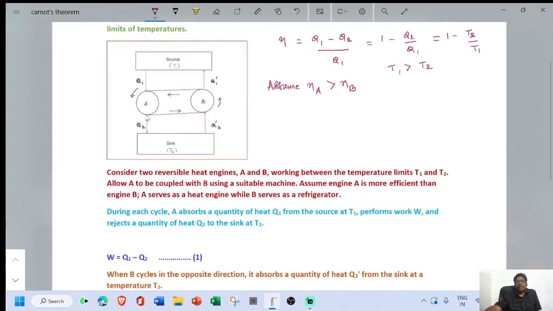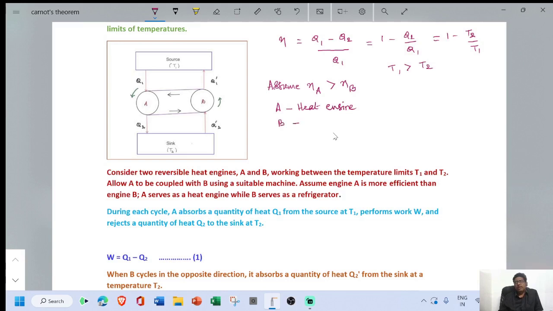Now, A serves as a heat engine while B serves as a refrigerator. Here the engine A is called a heat engine since it absorbs heat energy from the source and rejects heat energy to the sink.